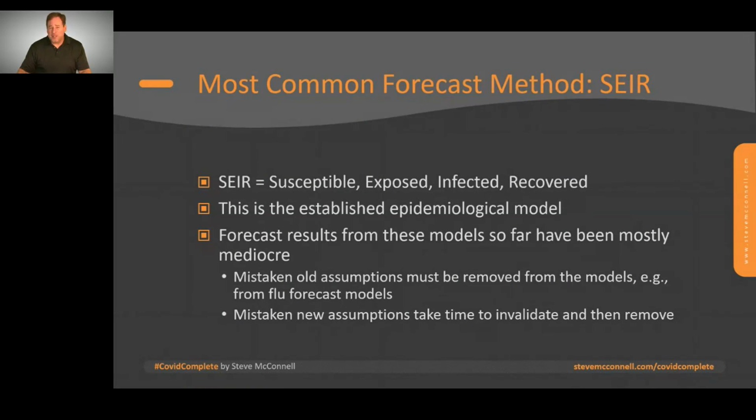In a way, they started out at a disadvantage because they had an existing model, and it took them a while to recognize that the assumptions they were using were not applicable to COVID and needed to be changed. They dug into the mistaken assumptions and took longer to realize they were wrong than somebody like me who is starting from nothing and could just look at the problem fresh and come up with a fresh set of assumptions. And that's been one of my personal learnings.